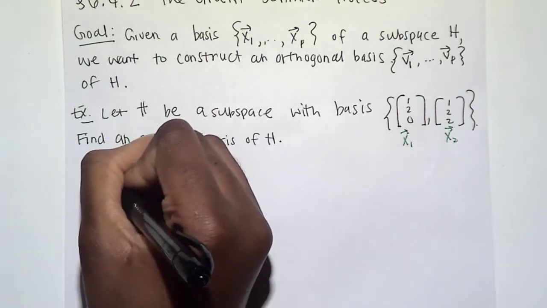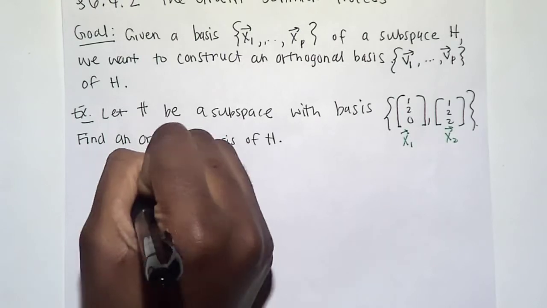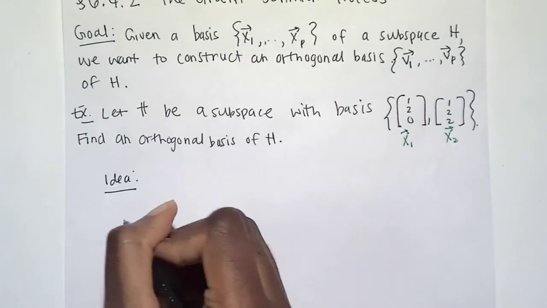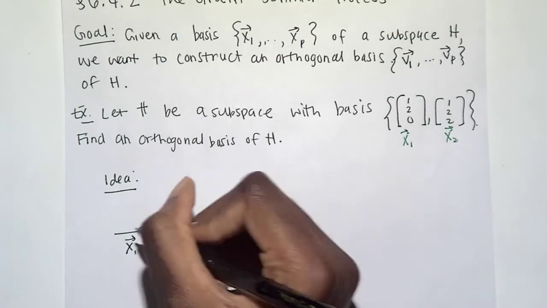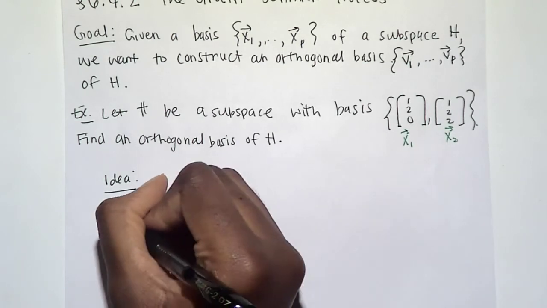All right, so here is the idea. We have these two vectors. Call this one x1. Call this one x2.